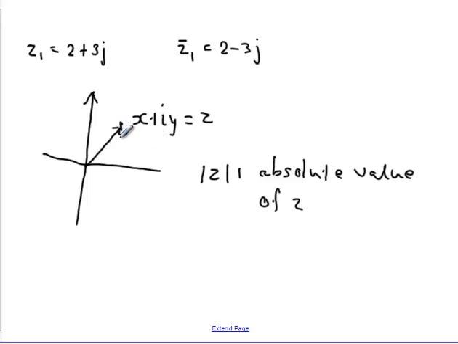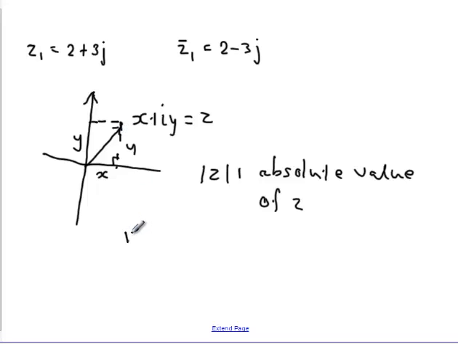We project this point down here, we've got x here. We project that point there, we've got y there, and actually this is also y. We get a right angle triangle. Then using Pythagoras, the absolute value of z is this hypotenuse there, what you used to call r.